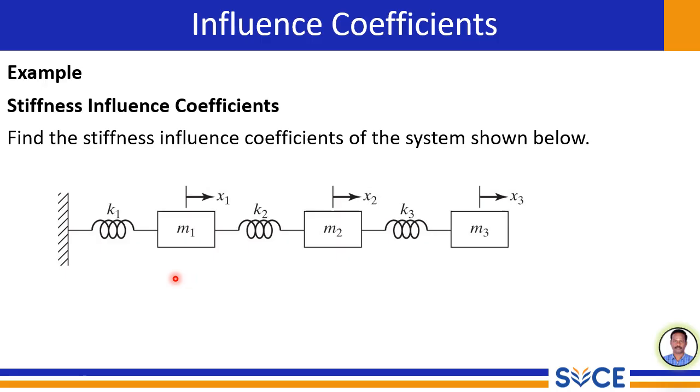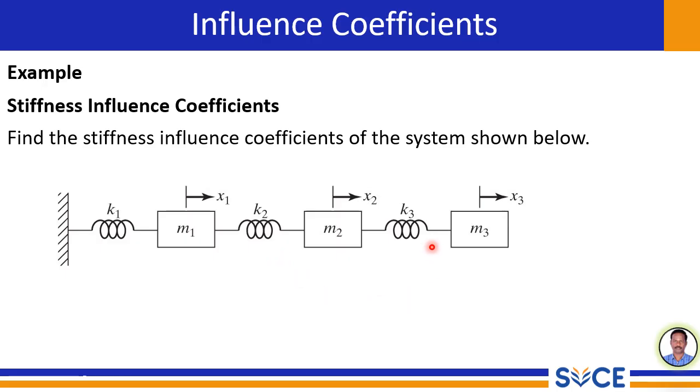Now let's solidify our understanding of stiffness influence coefficients with an example. Consider this 3-mass spring system shown in this slide. We have 3 masses M1, M2, M3 connected in series by springs with stiffness K1, K2, K3.